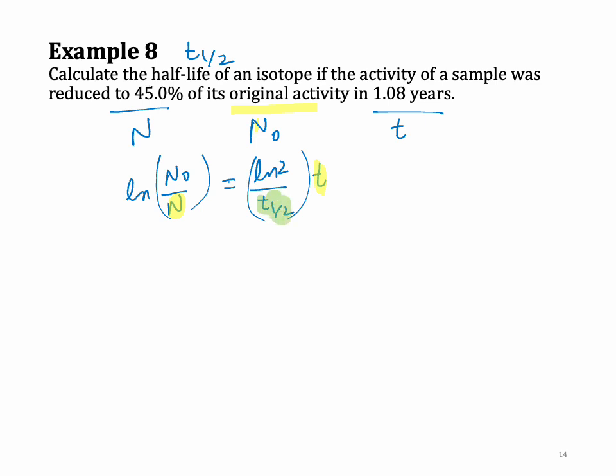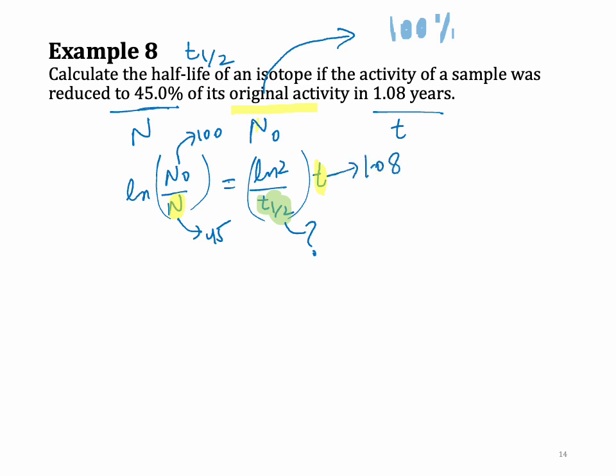Only problem here is we do not know this missing quantity, which is N0. Because we are talking in percentage, one thing that we know is the maximum percentage that is possible is 100. So this simply means I can assume the original activity was 100%, and how much is it reduced to now? 45%. So your N0 here you can assume is 100. N0 is 100, N is 45, t half is what I need to find, and t is given as 1.08.